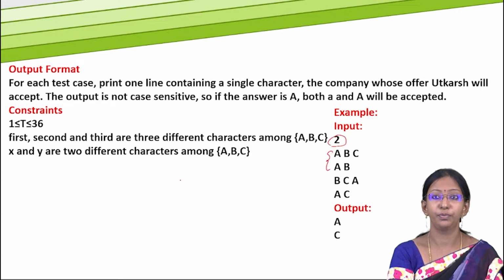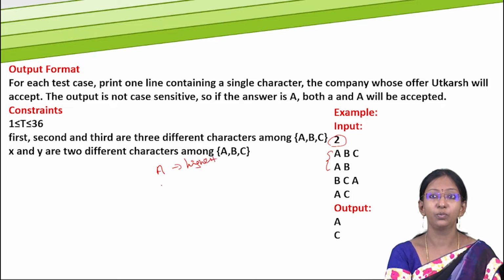In the first case, his order of preference is: for company A, he's giving the highest preference, and then it goes with B, and then C gets the least preference.